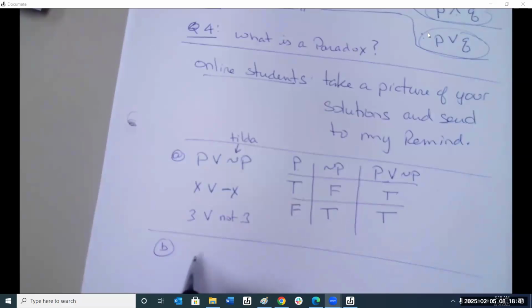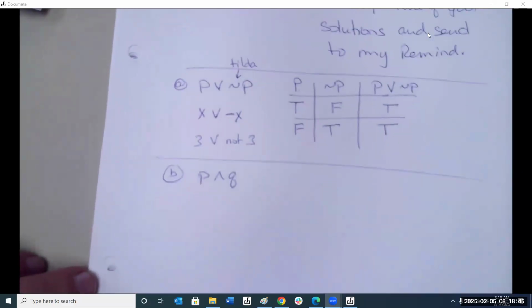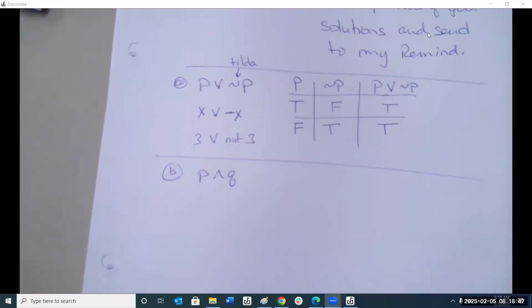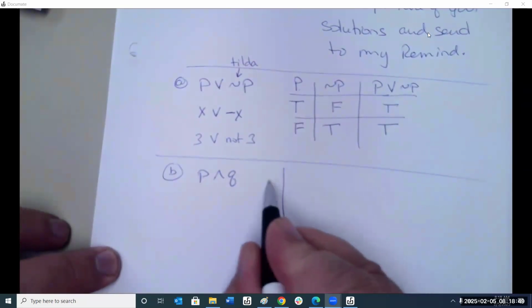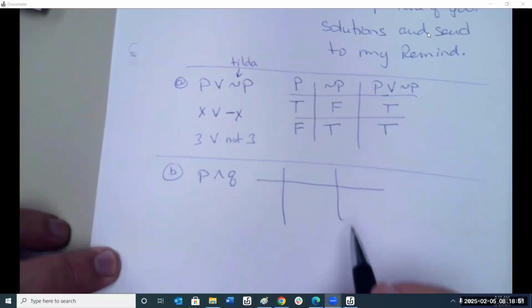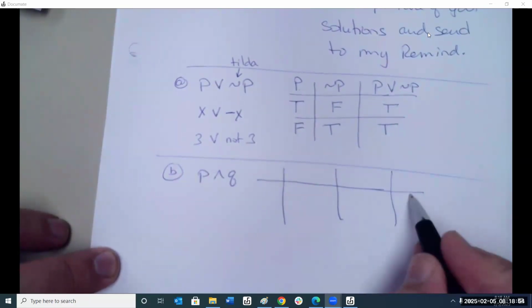The second one we have, and how do you read that one? P and Q. So what are our columns going to be? How many columns do we need?